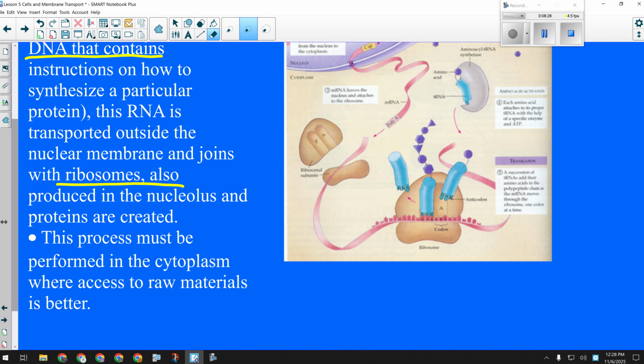so ribosomes, okay, which actually are produced in the nucleolus, make the proteins. Okay, so we're getting two things off that slide.